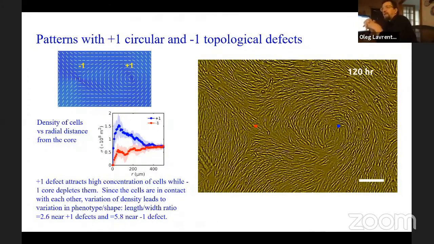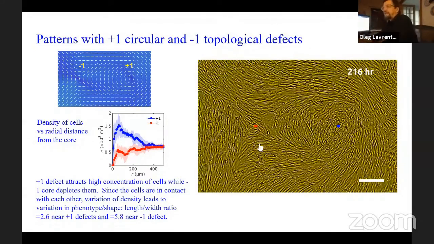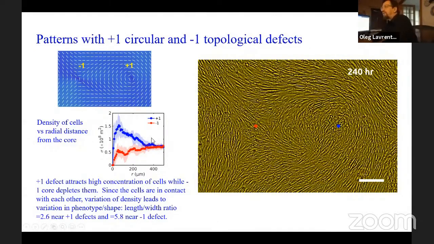For example, the density of cells is much higher near the positive defects as compared to the negative defects. And because of that, since the cells are touching each other, their phenotype, the ratio of the widths to lengths of the cells, is very different near the positive defects and negative defects.